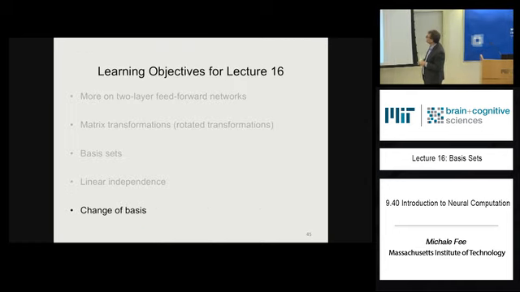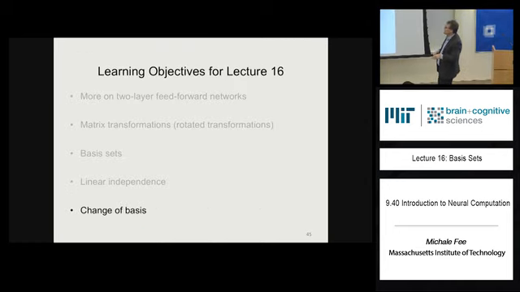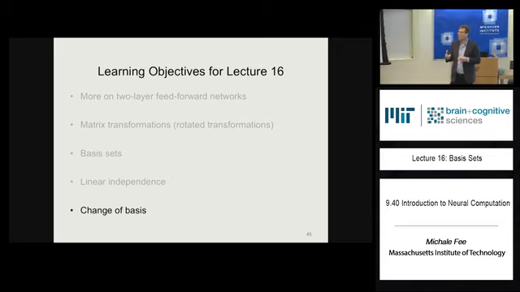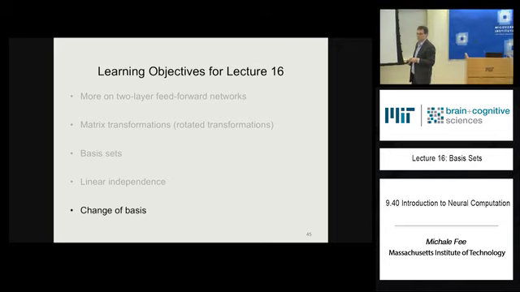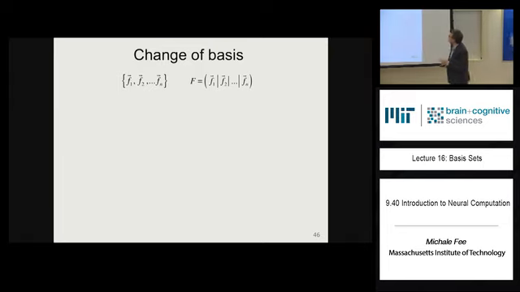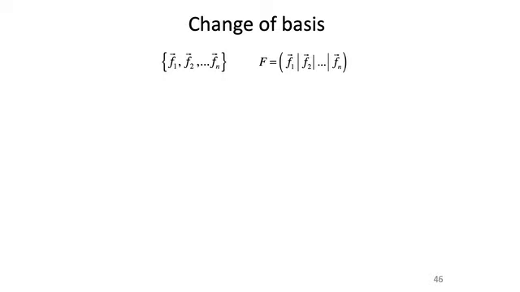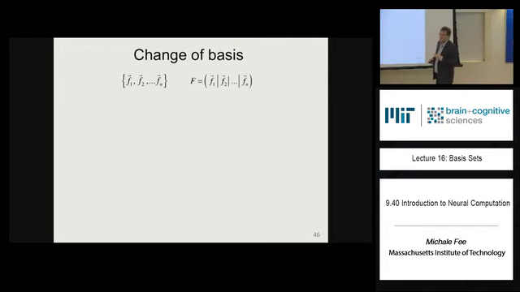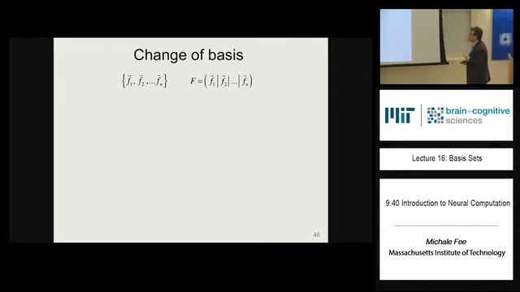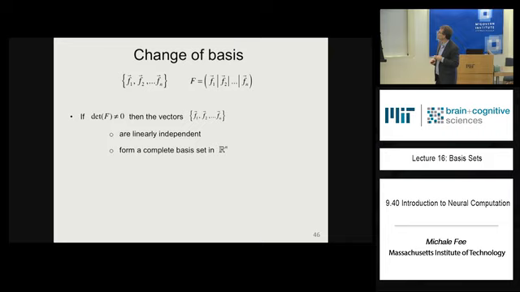All right, I just want to make a couple more comments about change of basis. Let's choose a set of basis vectors for our new basis. Let's write those into a matrix F. It's going to be our matrix of basis vectors.